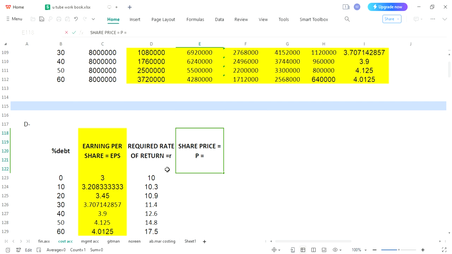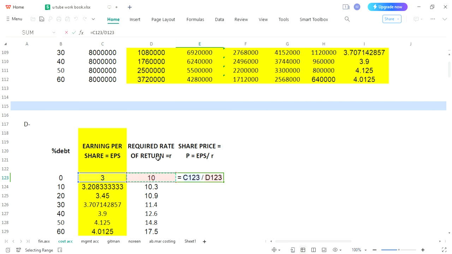For that you will see EPS, and then you will divide it by the required rate of return. This is your EPS and this is the required rate of return. What you will do, EPS 3 divided by the required rate of return, which is 10%. Keep it in mind. So when you divide it by 10, then a percentage is needed.